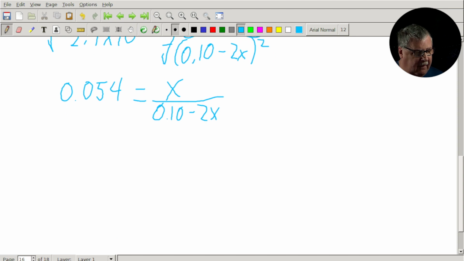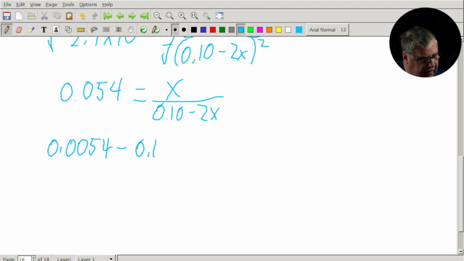All right, so I can go further with that. Multiply both sides by 0.1 minus 2x. I get 0.0054 minus 0.054 times 2 is 0.108x, and that's equal to x.